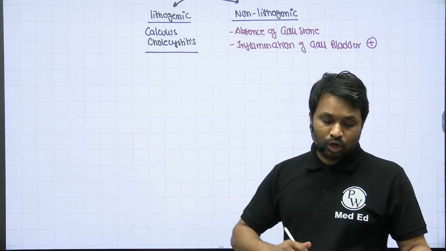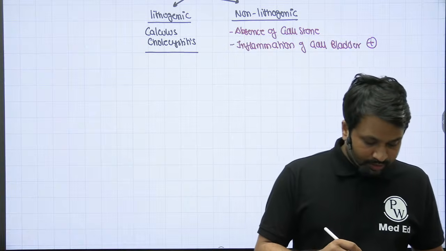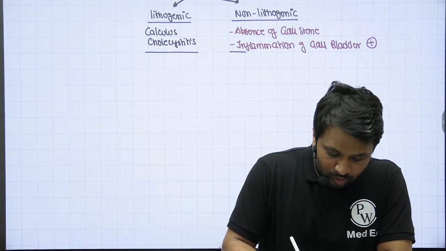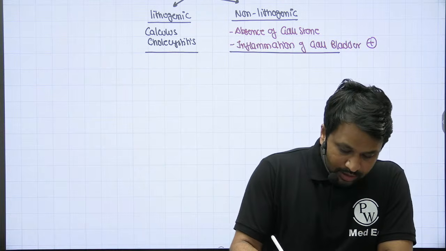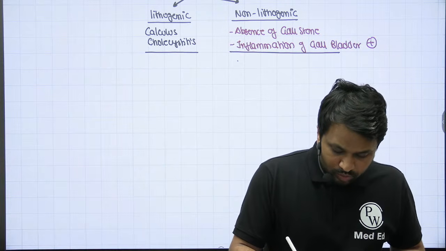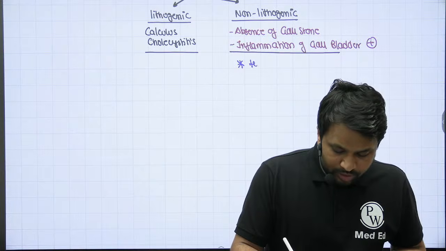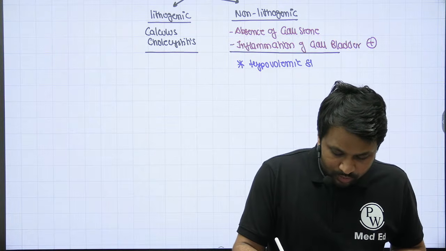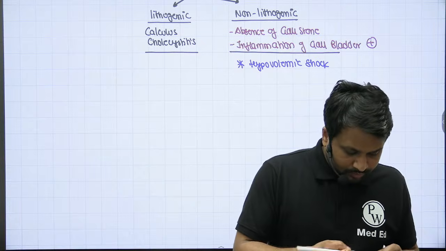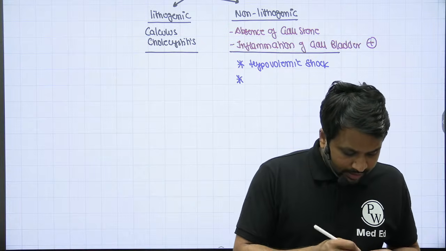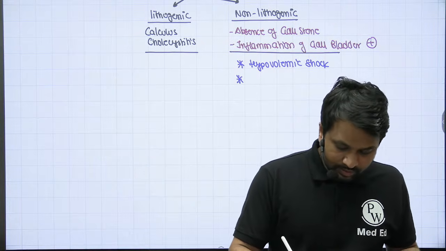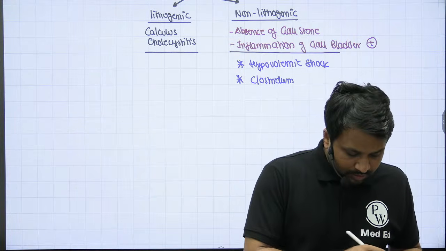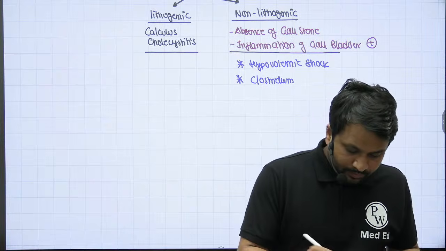That is what we call the non-lithogenic cholecystitis. Now, the causes of non-lithogenic cholecystitis: it is usually secondary to hypovolemic shock. It can be secondary to an infection, for example Clostridium or E. coli.